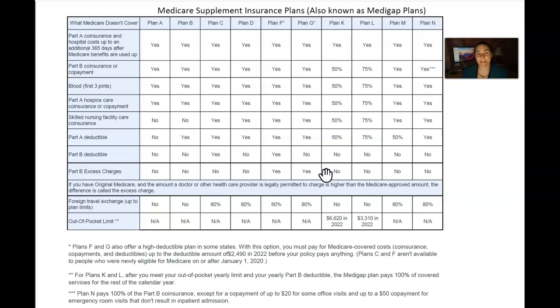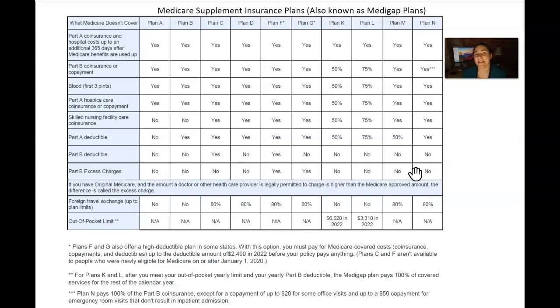The average somebody is going to have to pay on those excess charges is about $20. In the grand scheme of things, that's not a lot of money, especially because most of the time your Plan N, which does not pick up those excess charges, is going to be a lot less in cost per month as a premium versus the Plan G or especially the Plan F if you're still eligible for it.